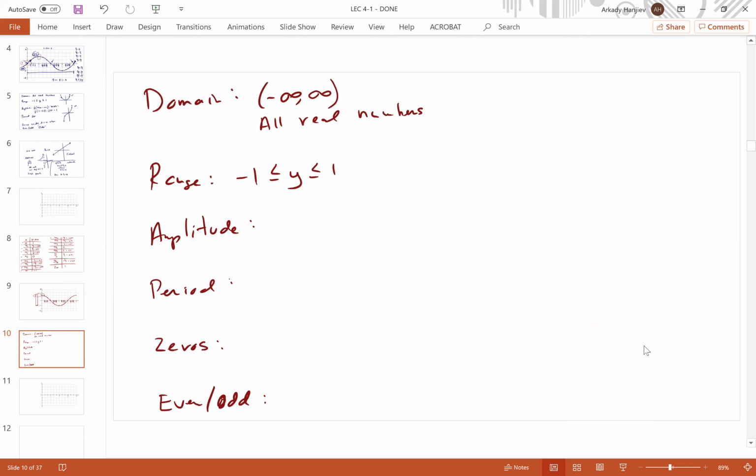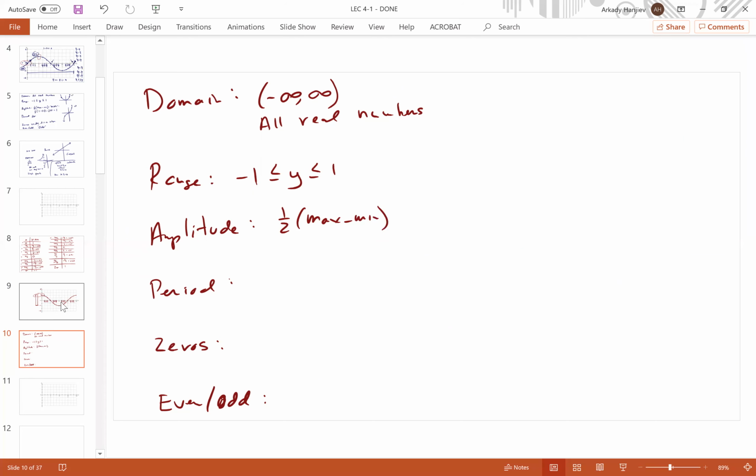Okay, so amplitude. Amplitude is half of the max minus the min. So it's the halfway point and then how high it goes. Think of the ocean when it's calm, and then you have the tide that comes in. It's just the height of the tide, the height of the wave.